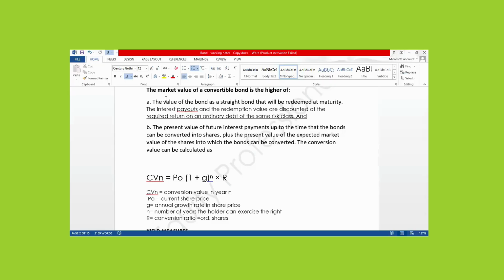The market value of a convertible bond is the higher of valuation as a straight debt or valuation of the convertible value. Whichever one is higher will represent the value of your convertible bond.